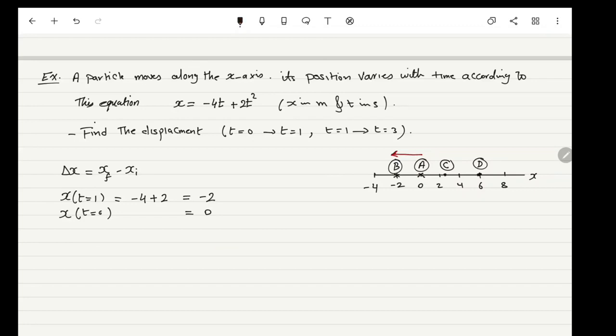Now let's find the displacement for the second time interval, when t equals 1 to t equals 3. In this case, x when t equals 3, we just substitute 3 back into this equation: minus 12 plus 18, in this case equal to 6.